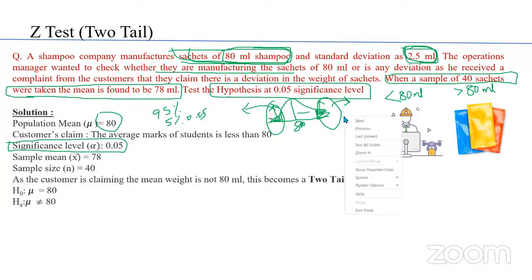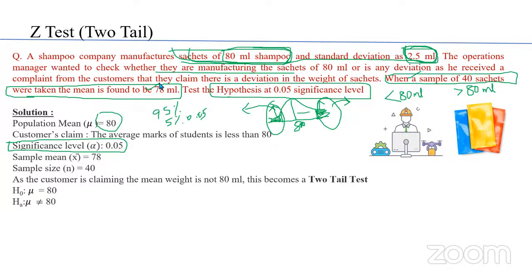Exactly, because this is the initial data that has been given, and if nothing is mentioned, it is considered to be the population only. Coming to the sample, they have mentioned a sample of 40 sachets, mean found to be 78 ml, and they did not talk about your sample standard deviation.